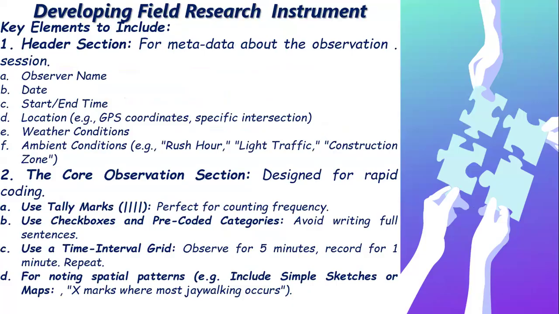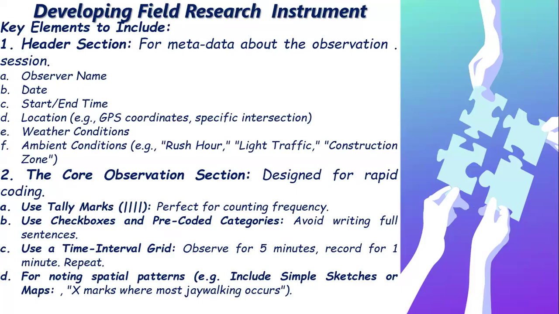Header section, for metadata about the observation: observer name, date, start time, end time, location, GPS coordinates, specific intersection, weather condition, ambient condition, for example, rush hours, light traffic, construction zone.